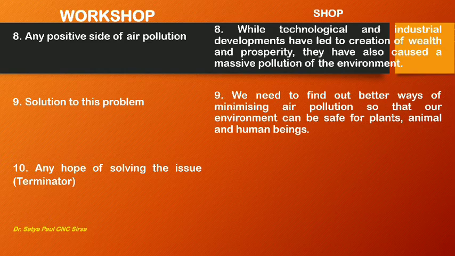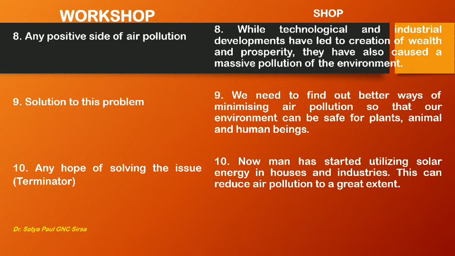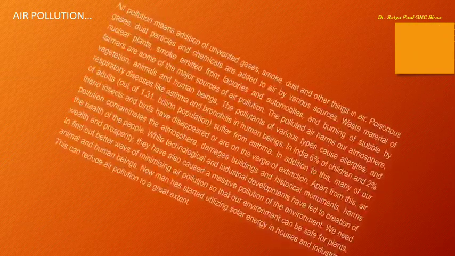This terminator in the end, which will bring our paragraph to a close, should be positive. So I say, now man has started utilizing solar energy in houses and industries. This can reduce air pollution to a great extent. This is our hope.